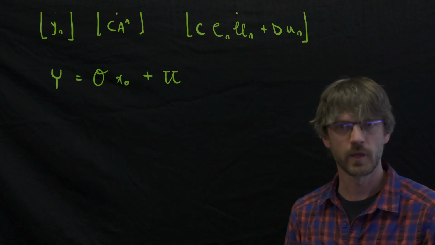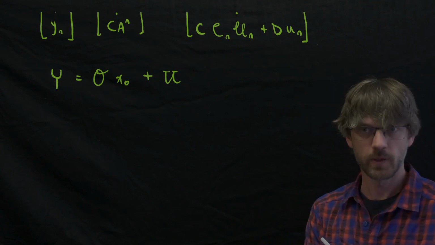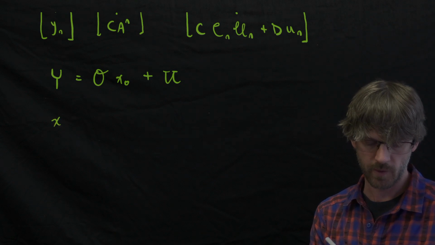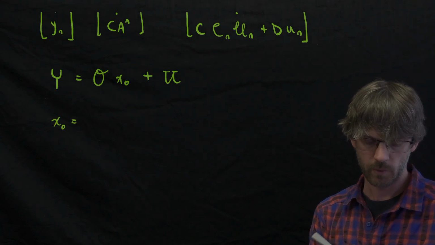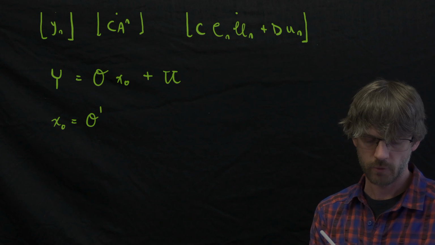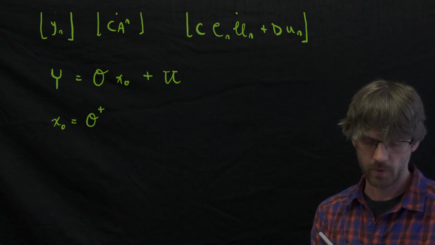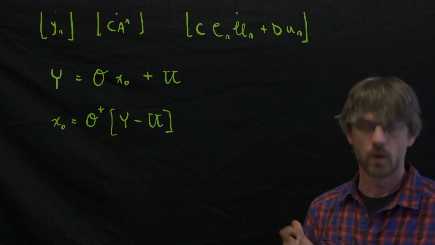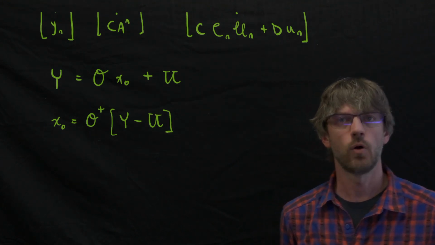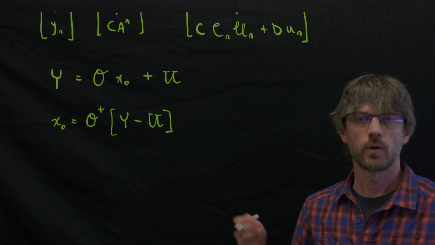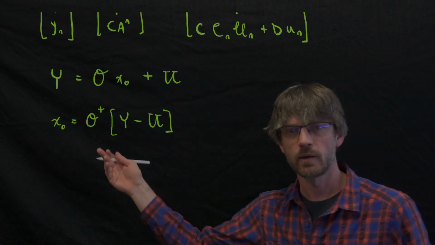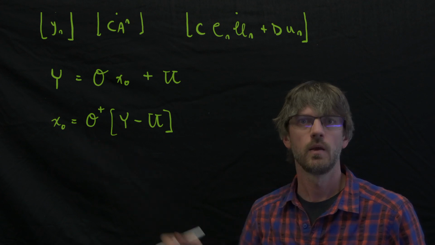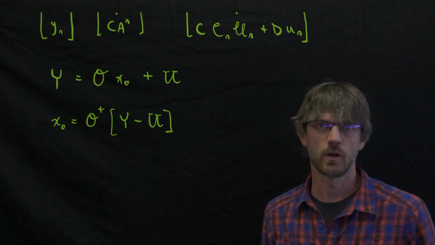So if we're interested in x0, again, as we did before with the single time measurement, we could do a similar thing here where we could say that x0 is going to be equal to the observability matrix inverse or pseudo inverse times Y minus U. So now this says that if we had a whole bunch of measurements and we were able to calculate that observability matrix inverse, then we should be able to estimate the initial condition of our system.